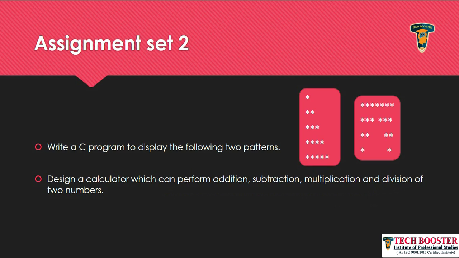First of all, if I consider 2 numbers, let it be your n1 and n2, and if you divide n1 by n2, like if any of your user gives your value of n2 as 0, in that case your output should be undefined, because if you divide any number by 0, that is infinity. So you need to display it as undefined, and only when your n2 is not 0, you need to display your output. That is the output of your division operator. So these are your 2 assignments that you have in your assignment set 2.